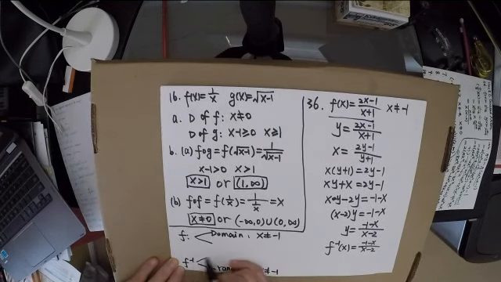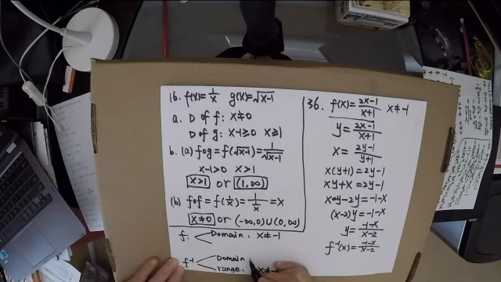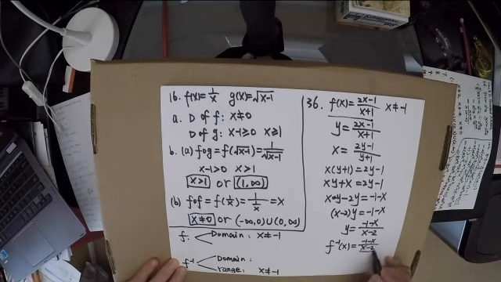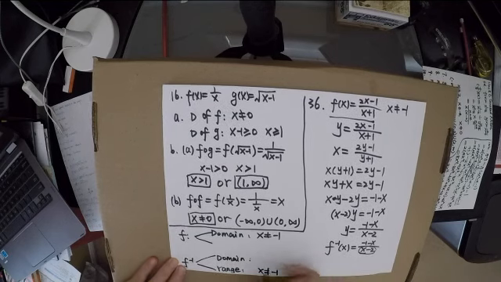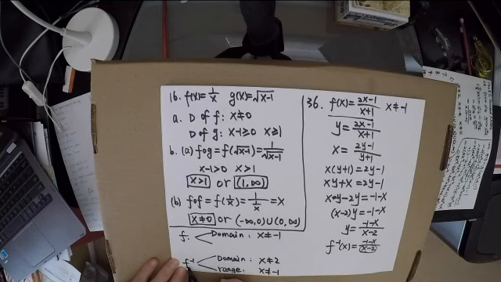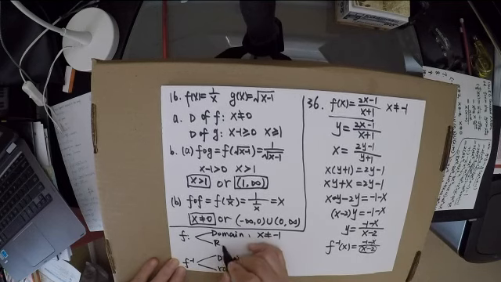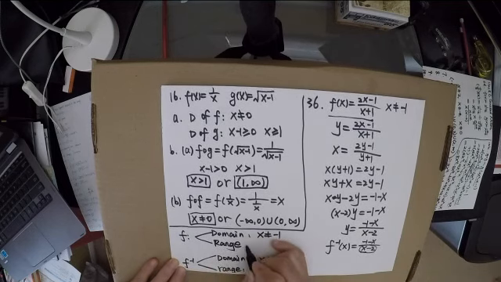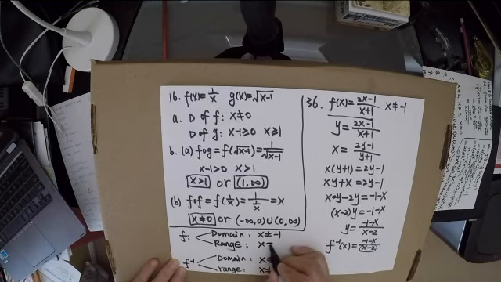And the domain of f's inverse is where the denominator is not equal to 0, which is x not equal to 2. So the domain of the inverse function is the range of the original function, which is x not equal to 2.